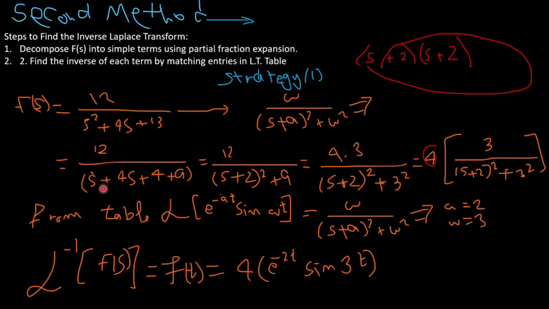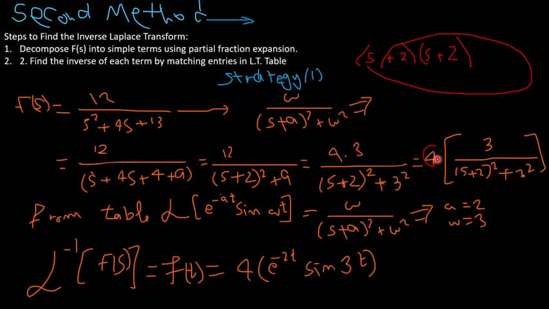Then s squared plus 4s plus 4 becomes a complete square, s plus 2 squared, plus 9. This is exactly the same as omega divided by s plus a squared plus omega squared if we decompose the 12 into 4 times 3.